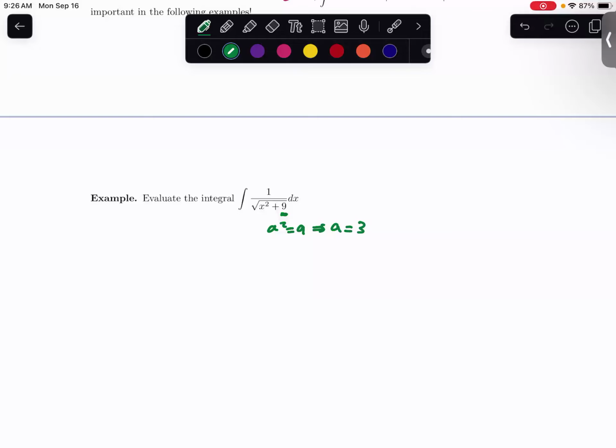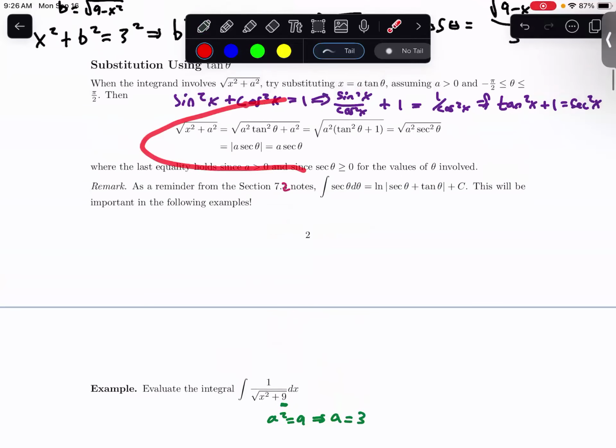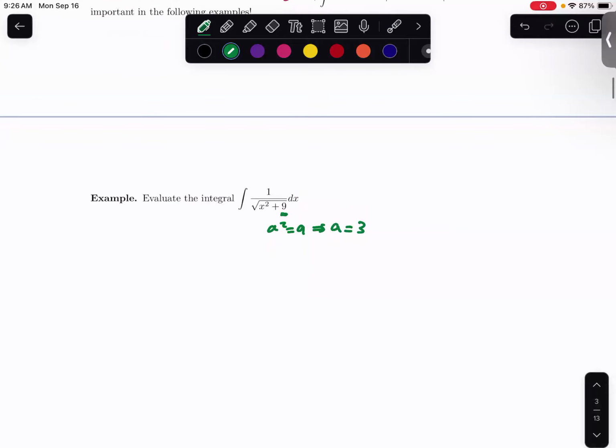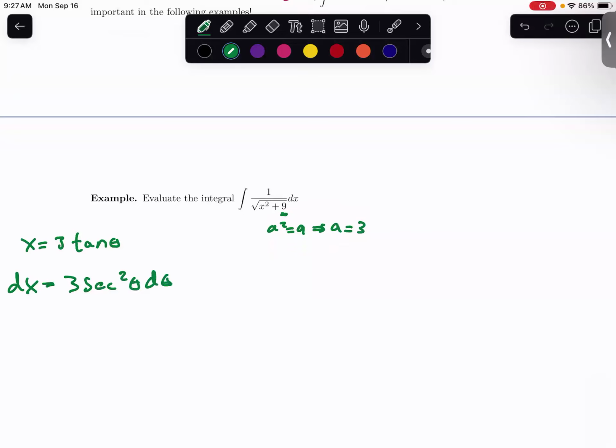We should be using tangent theta based off of the derivation above, since we should end up getting something that cancels out with the square root. So we're going to let x be equal to 3 times tangent theta, and then dx is equal to 3 times secant squared theta d theta, just taking the derivative.